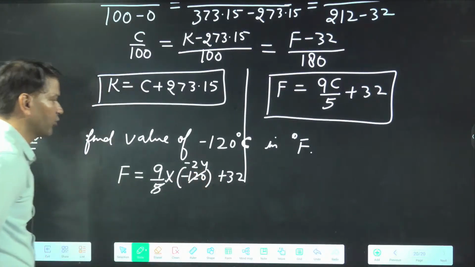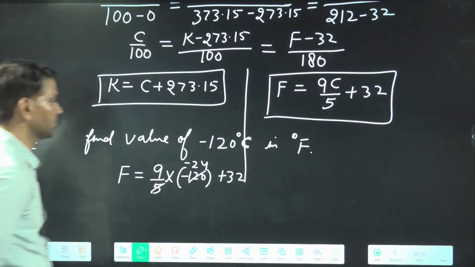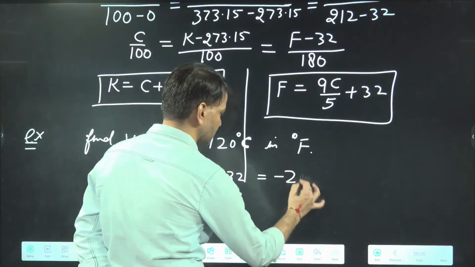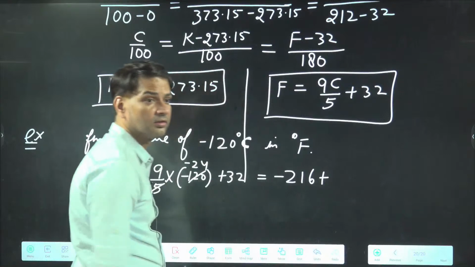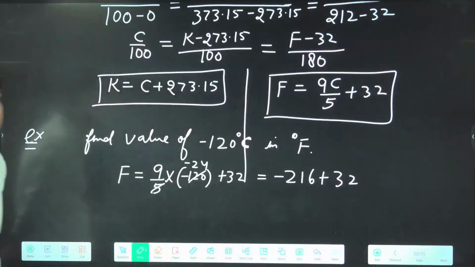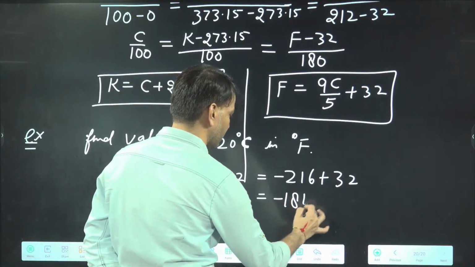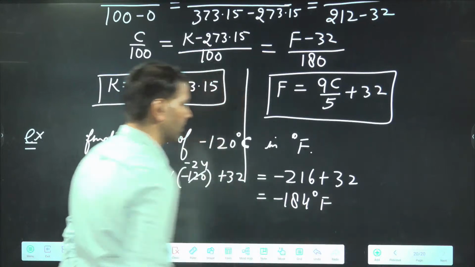So minus 24 into 9. 24 nines are 216. Minus 216 plus 32. So minus 184 degree F. That is the answer. So minus 184 degree F.